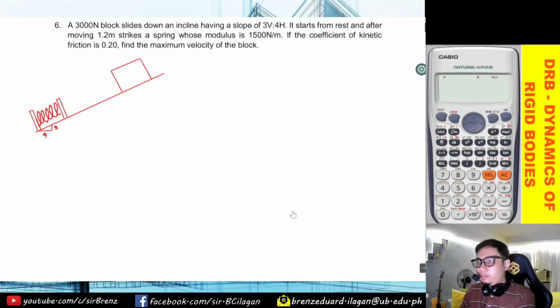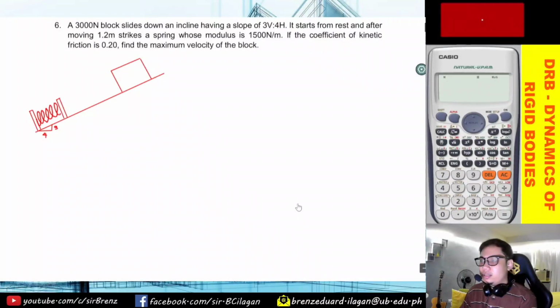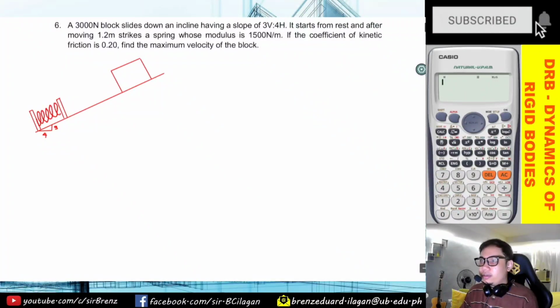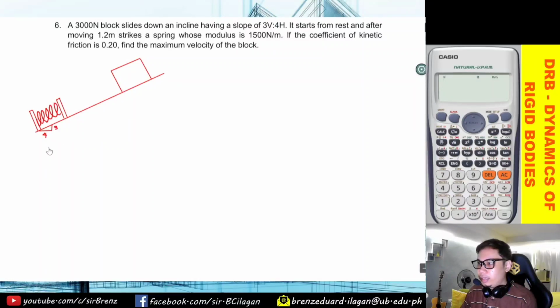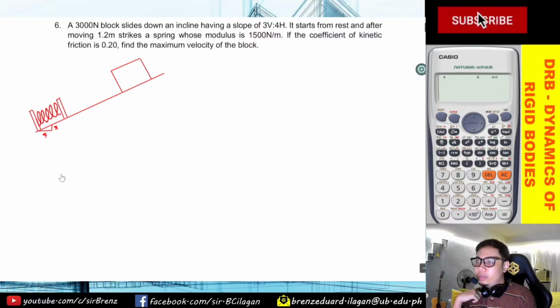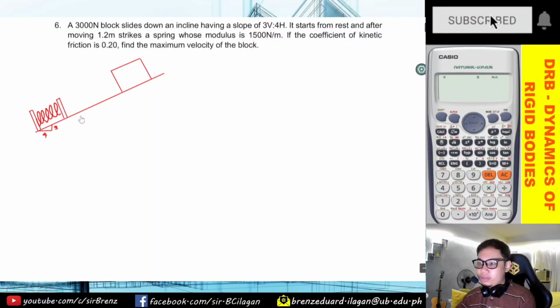Okay, so for problem number 6, basahin muna ulit natin. So a block which is 3,000 Newton in weight slides down an incline, having the slope of 3 vertical, ito, and 4 horizontal. So it starts from rest, and after moving 1.2 meter, so ibig sabihin, yung distance na to is 1.2 meter.